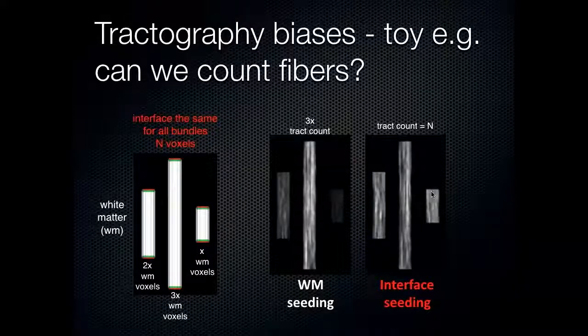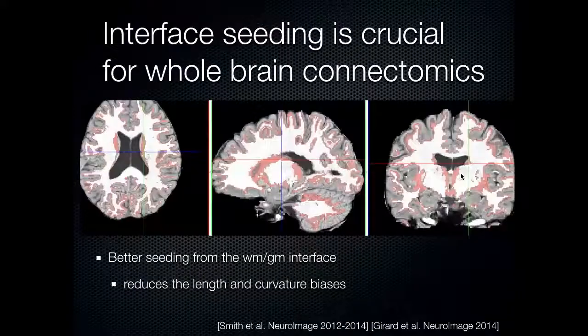I'm not saying that's solving all the issues of tractography, but this is reducing the issue of large, easy, long tracks being overrepresented. The group of MRtrix with Robert Smith, and my group in Sherbrooke with Gabriel Girard, suggest seeding from the white matter, gray matter interface to reduce this bias.